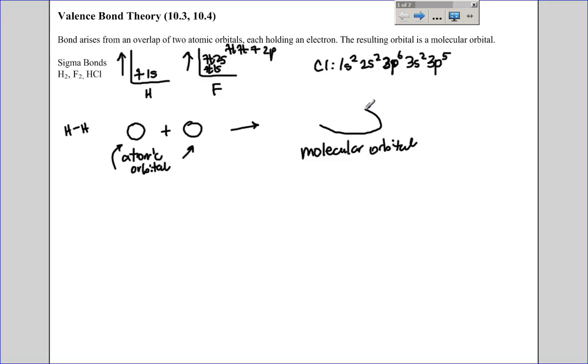So when these 2 orbitals combine, we end up with an oval orbital. The nuclei started in the center of each of the 1s orbitals, and now they are at some distance from one another within the molecular orbital. So they'll never get too close to one another because they do repel.